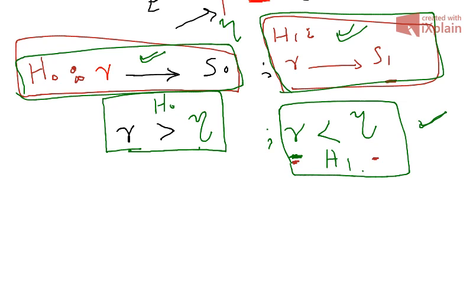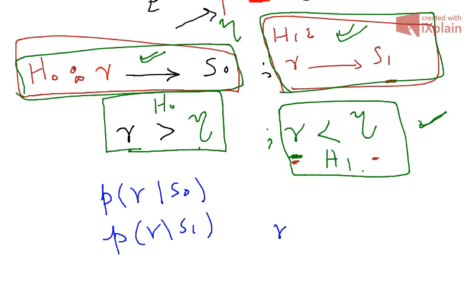So we have the likelihood functions P of R given S0 and P of R given S1, and we write the binary hypothesis for our received signal R. We jointly write this using this threshold: H0 is true when R is greater than this threshold, and H1 is true when the received signal is less than this threshold.